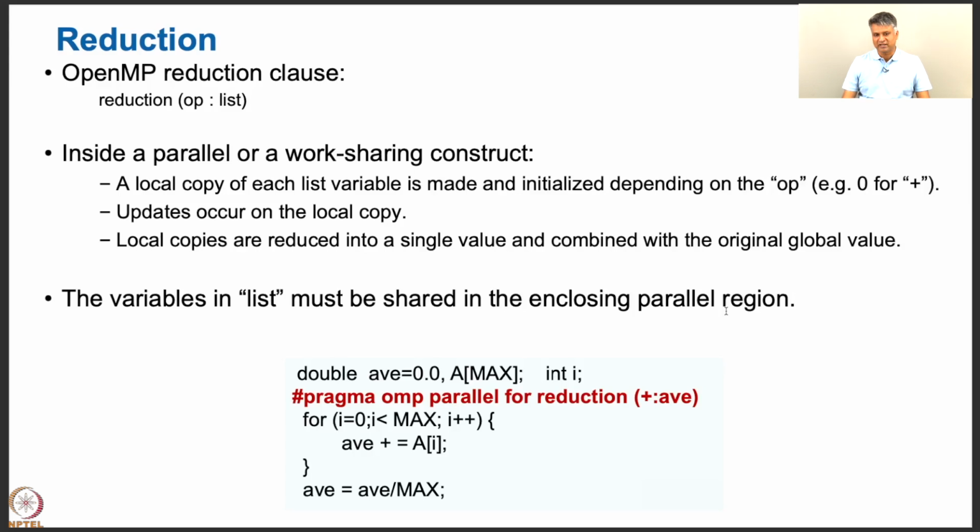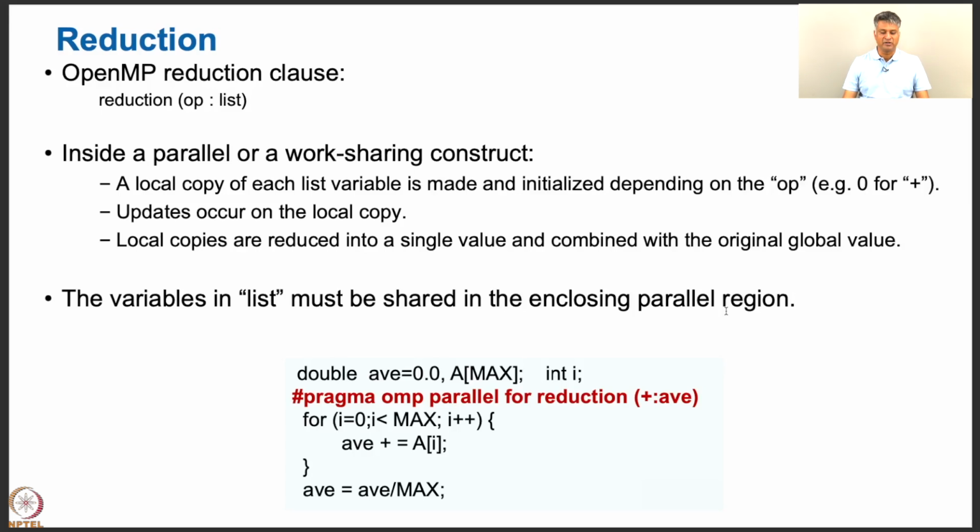Now, each of those threads is going to compute its own copy of the variable AVE, which is going to be a partial sum. So effectively the number of AVEs that are going to be initiated is the total number of threads that are initiated.